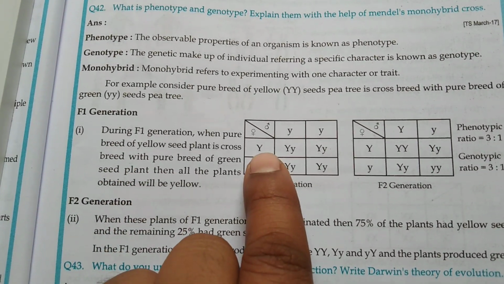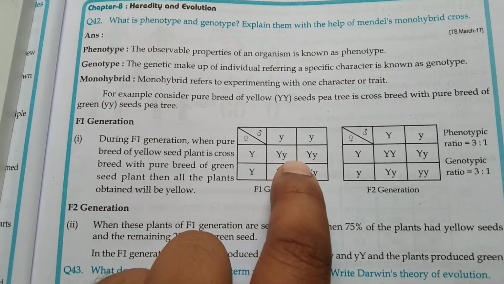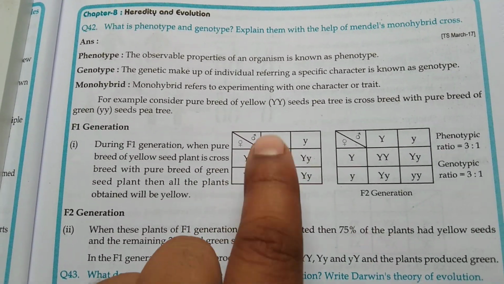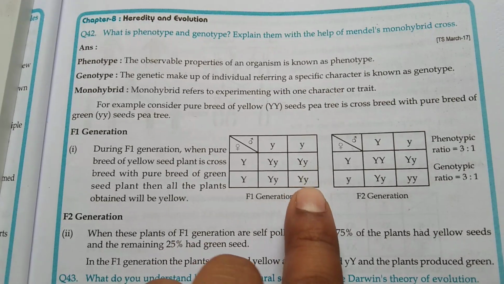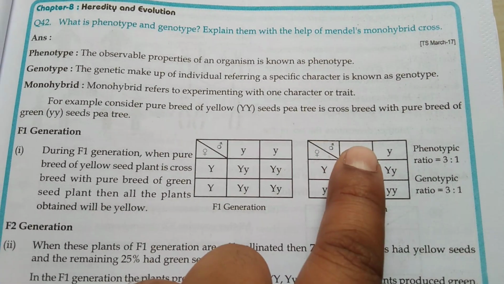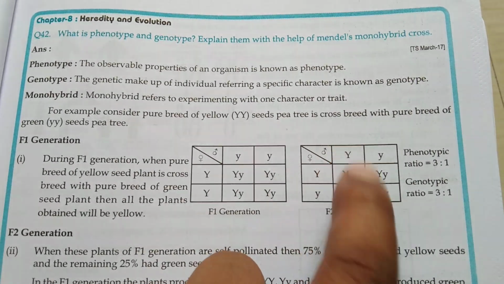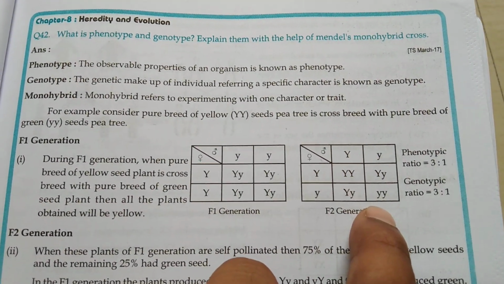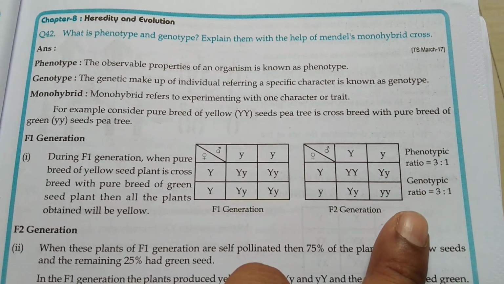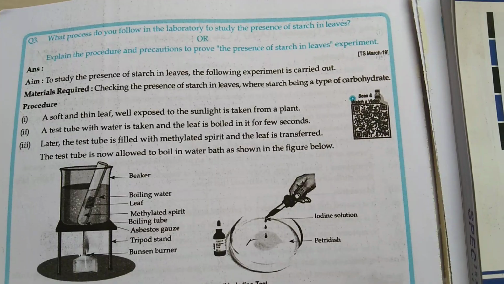You need to see here capital Y, capital Y, small y, capital Y, small y, small y. Okay children.